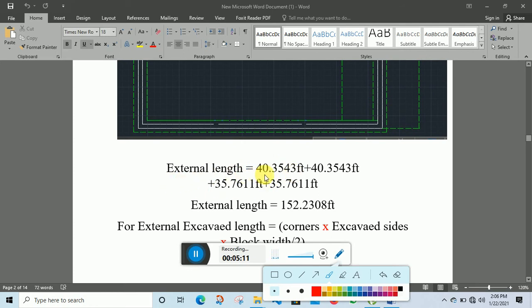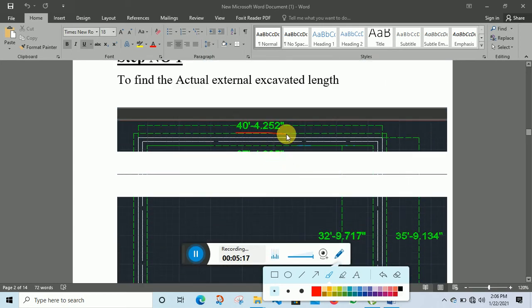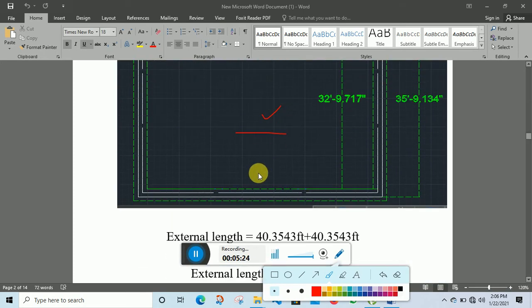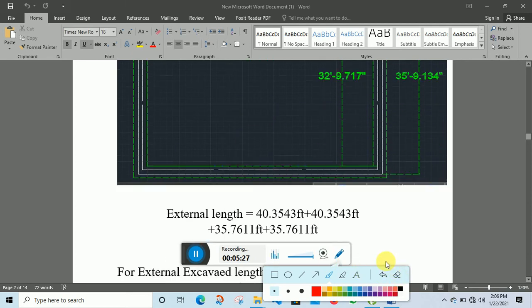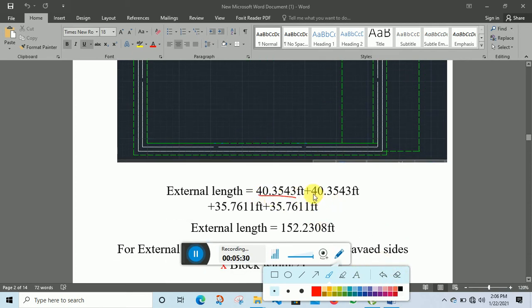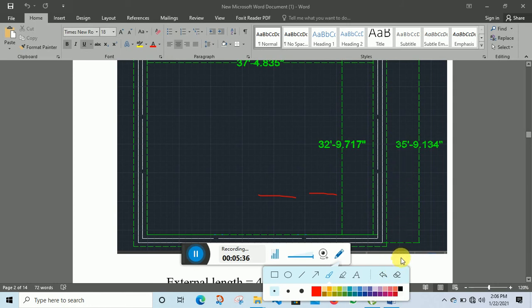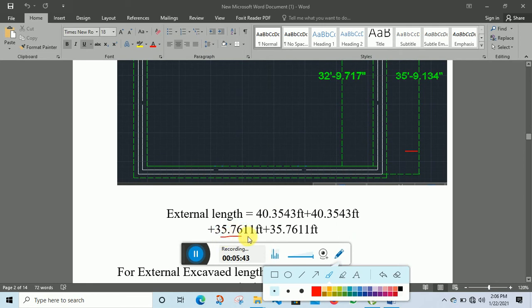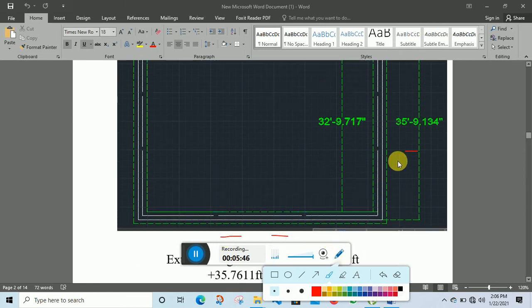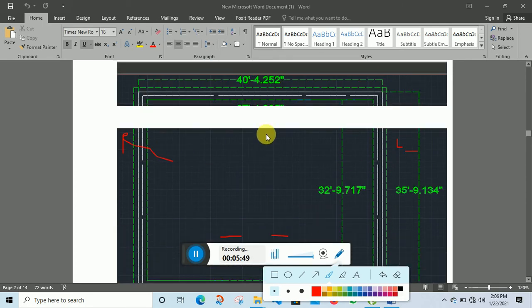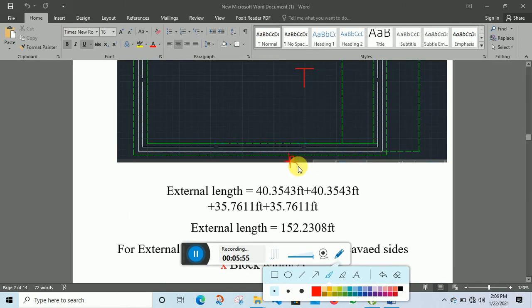For the external length, 40 feet and some inches, I multiply this by 2, or add it 2 times, because we have top and bottom sides. On the left this is also 35 feet and 9.13 inches, and also on the right, because we have left and right sides.